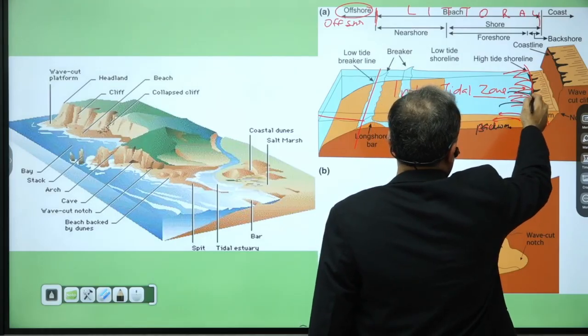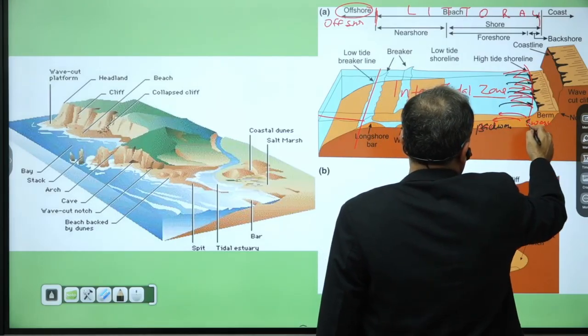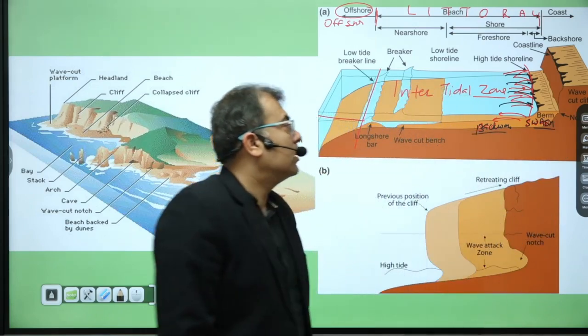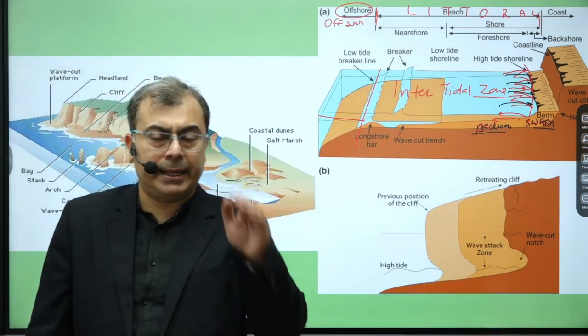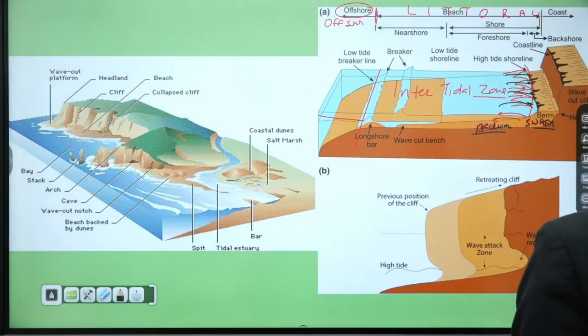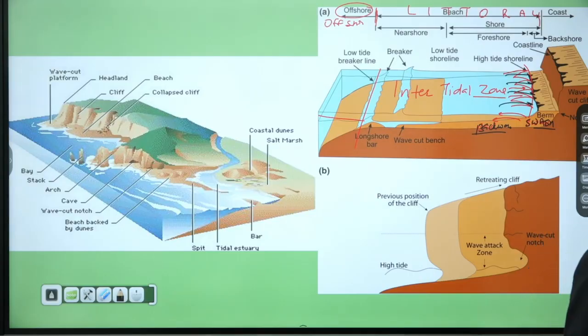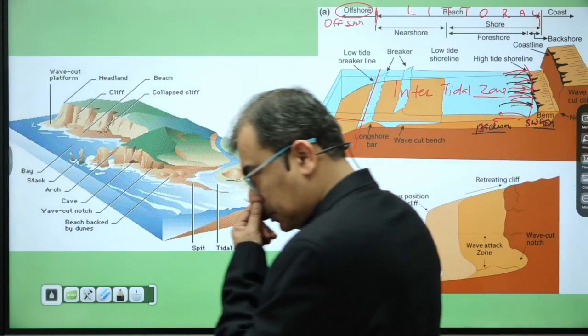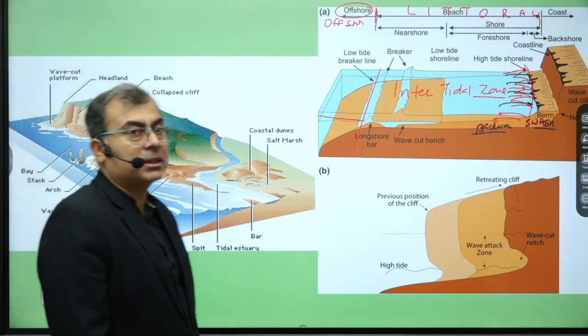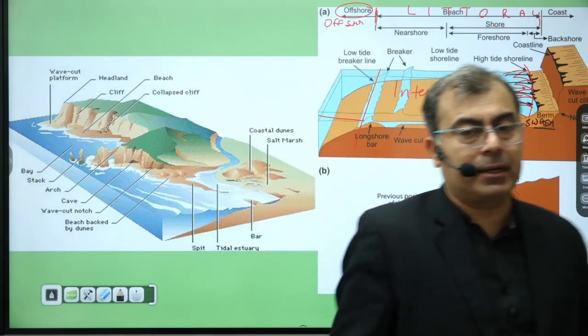When the wave is coming towards the coast, that is called swash. So who's responsible for hitting the coast, swash or backwash? Who will cause erosion and the breaking, swash or backwash? जाकर मारेगा, हिट मारेगा. कौन मारेगा हिट?